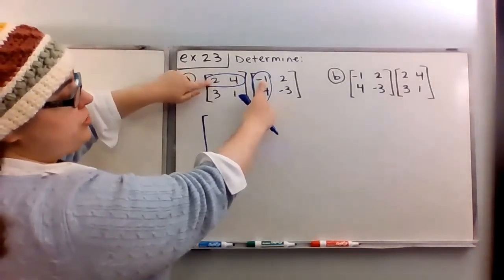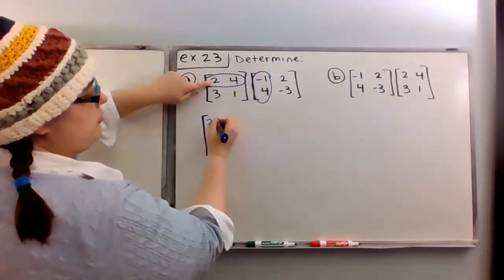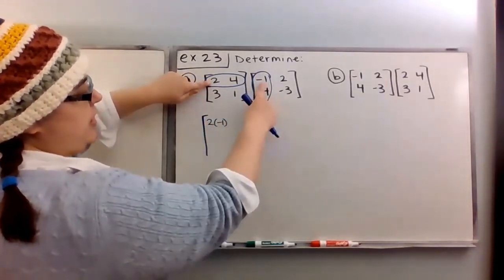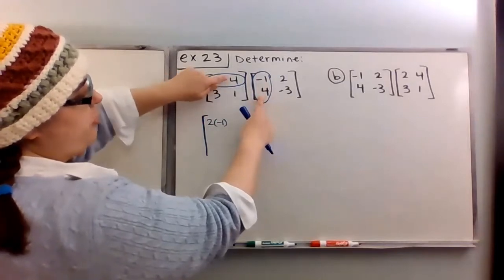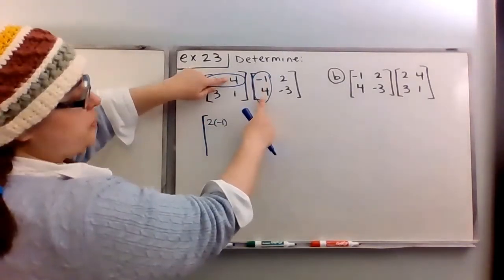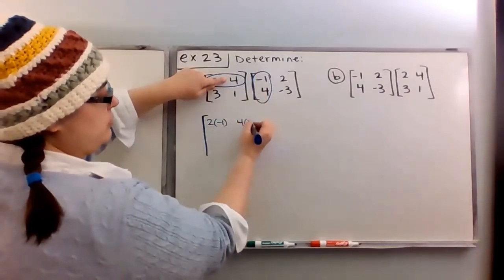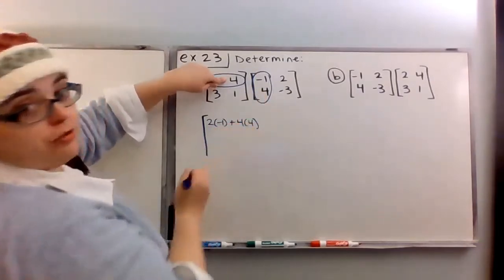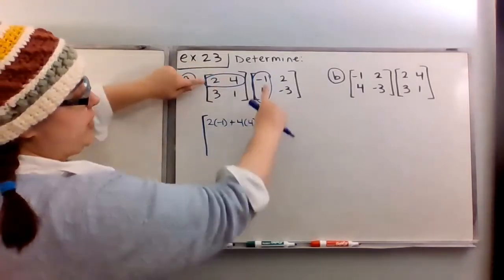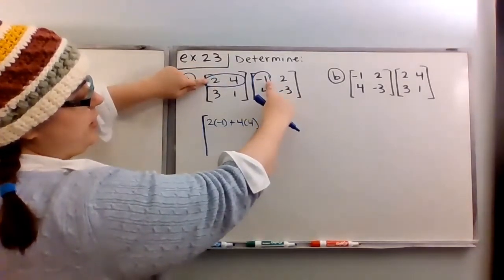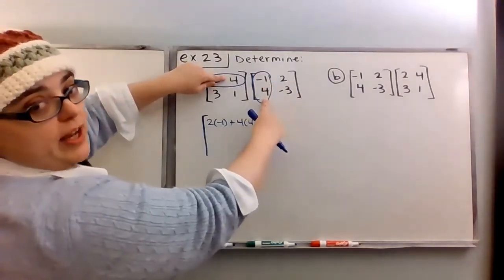So we're going to do 2 times -1. And then we move over and we move down, and we do 4 times 4. And then we add those 2 things together. So our first entries get multiplied, our second entries get multiplied, and we add them together.